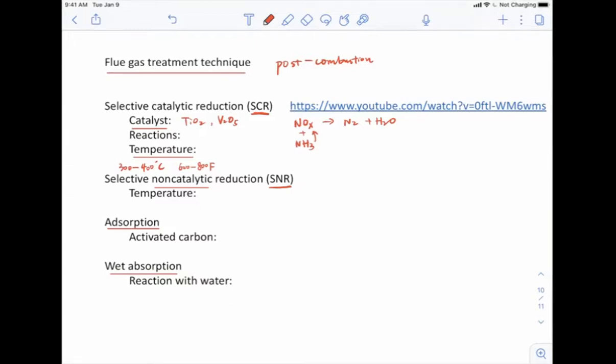Okay, so in terms of the reaction that's really happening, we can write them out. So it's 4 nitrogen monoxide reacting with 4 ammonia and an oxygen going into 4 nitrogen and 6 water.